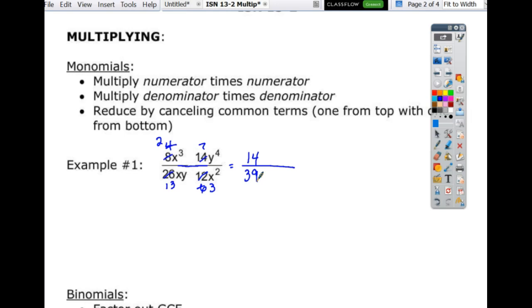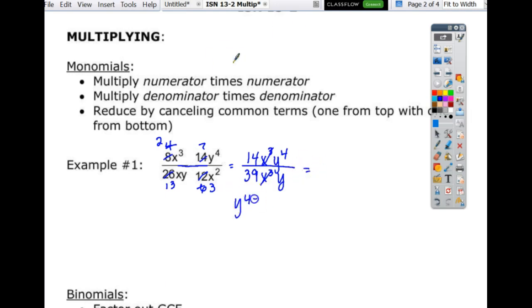So does everybody see where the numbers came from? Okay, so here I have x to the third, y to the fourth, and on bottom, how many total x's do I have? 3. And a y. So what happens with the x's? This one and this one cancel, that's correct. And then I have 4 and 1. So I'm going to subtract.